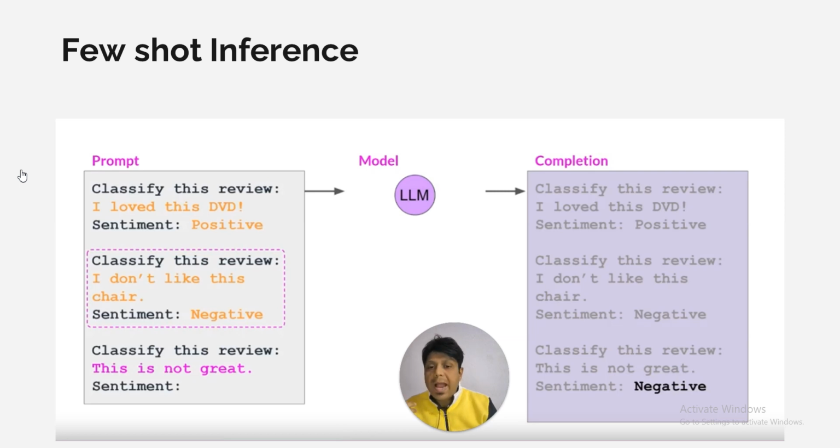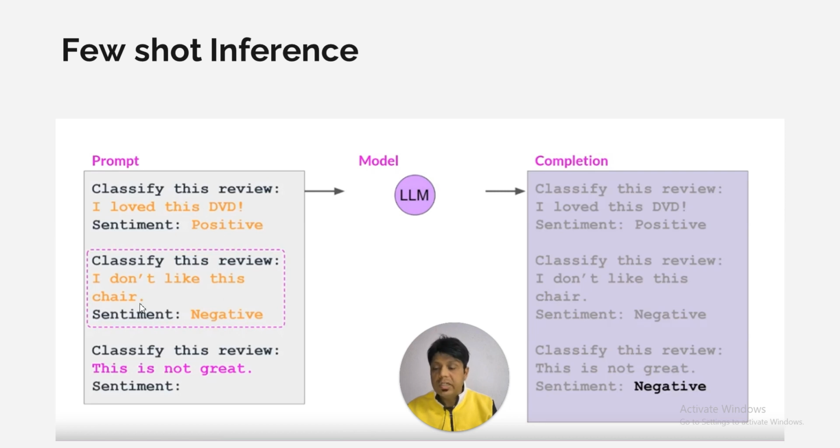Now you can also add multiple examples so that ChatGPT understands your prompt, your questions or your intentions better. This is known as few shot inference. In few shot inference, you provide multiple examples. For example, classify this review, "I love this DVD", the sentiment here is positive.